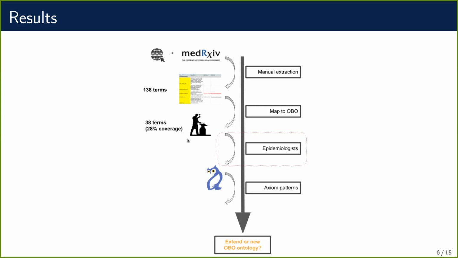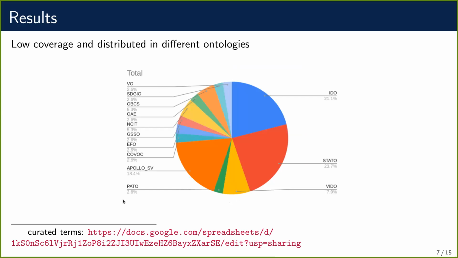Next we did an analysis of how these 38 terms are represented formally in OBO.